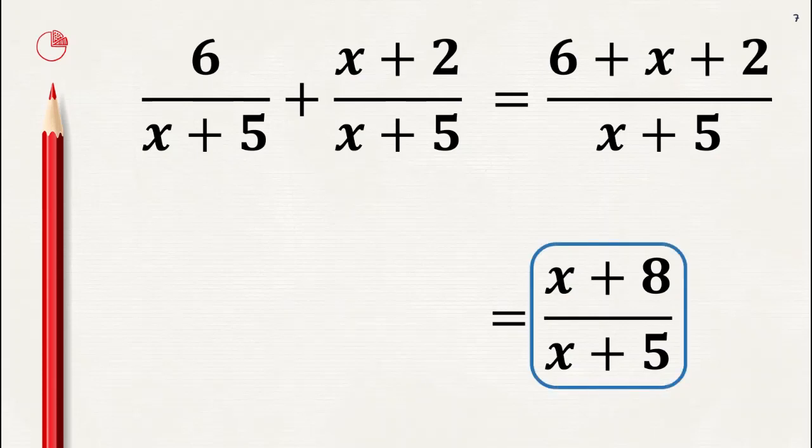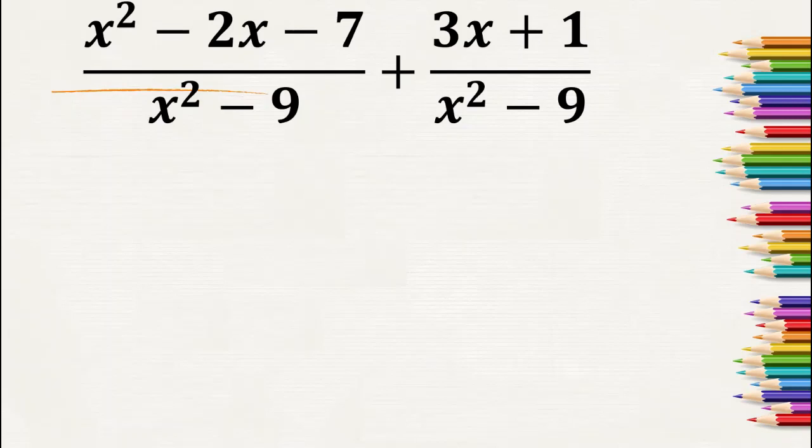Next, we have x squared minus 2x minus 7 all over x squared minus 9 plus 3x plus 1 all over x squared minus 9. Again, we are still in similar fractions. All we have to do is add our numerators.